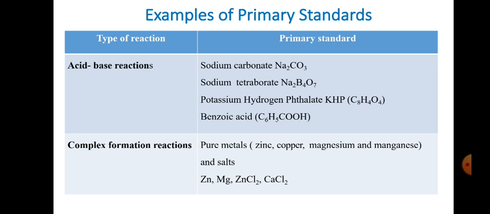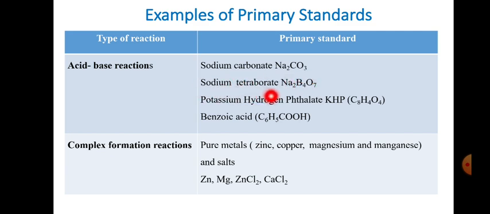Okay, now that we have seen the primary standards, we will see examples of primary standards. If I want to do an acid base titration, I need primary standards which are either acidic or basic in nature. For example, sodium carbonate, Na2CO3, is one of the primary standards for such reactions.